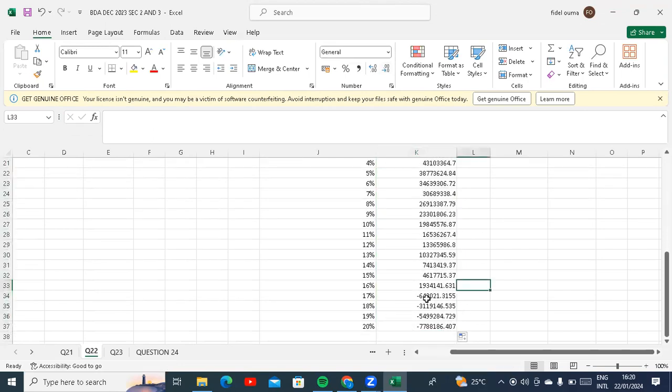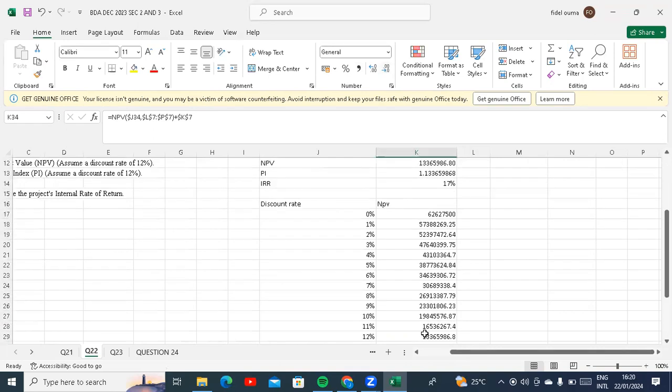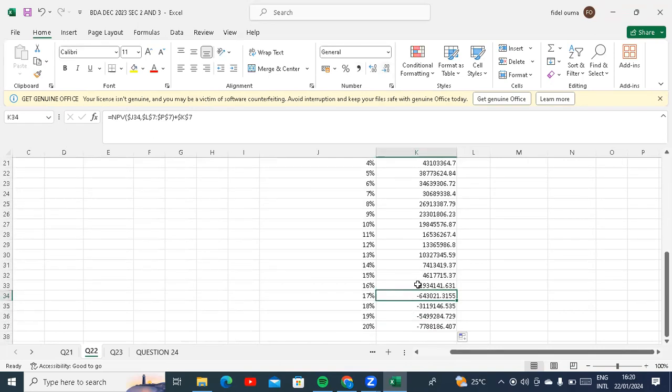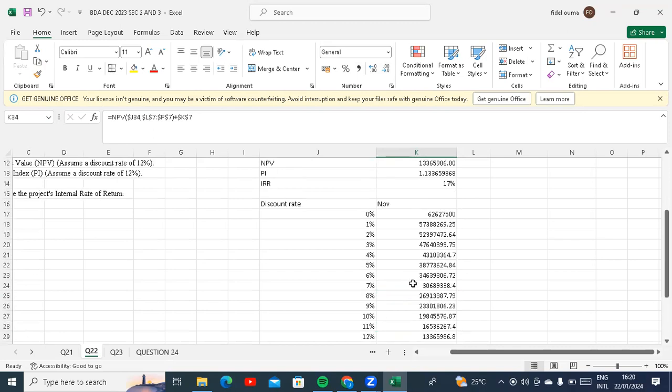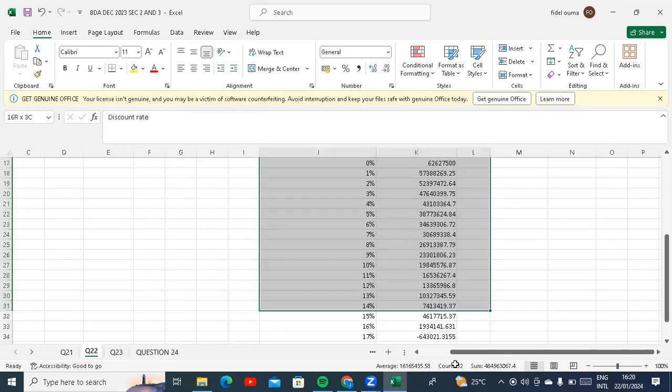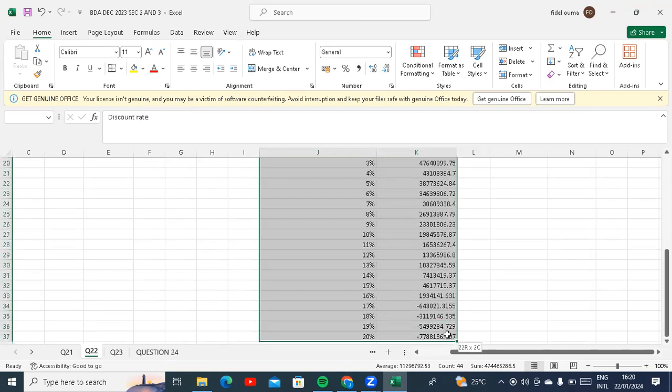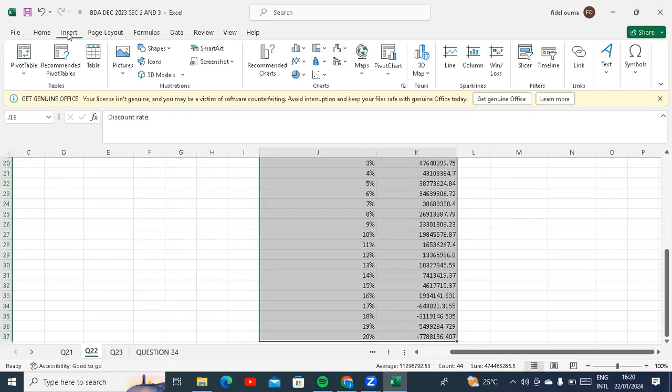So when I drag it, you can see at 17%, we have a negative. So it means that the IRR is between 16 and 17%. So this is what we are going to do. We are going to select this, go to insert, then go to recommended charts.